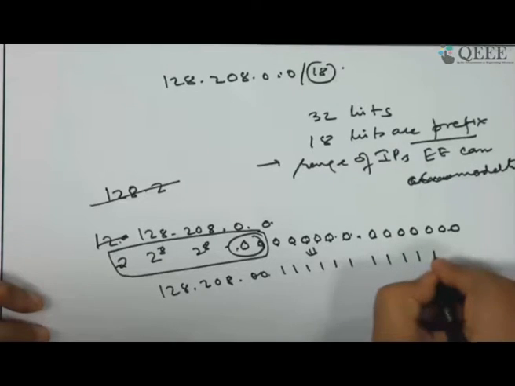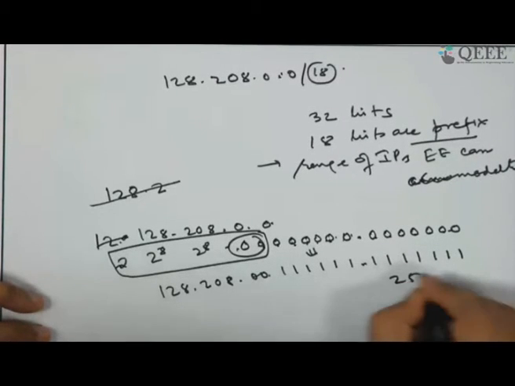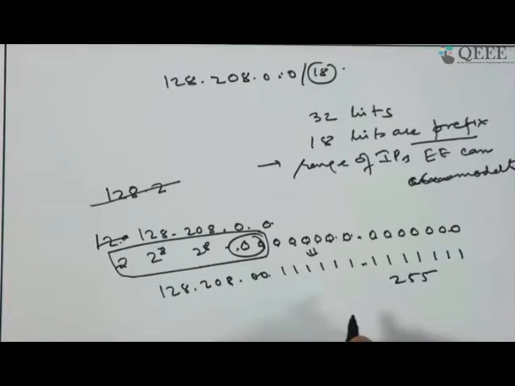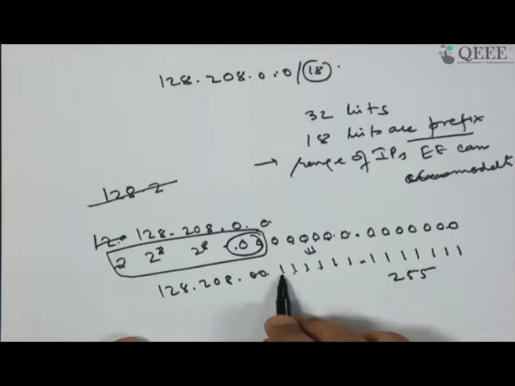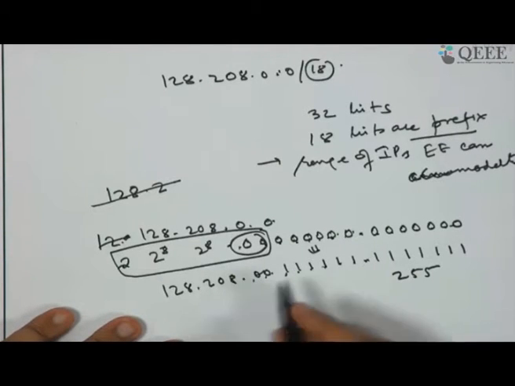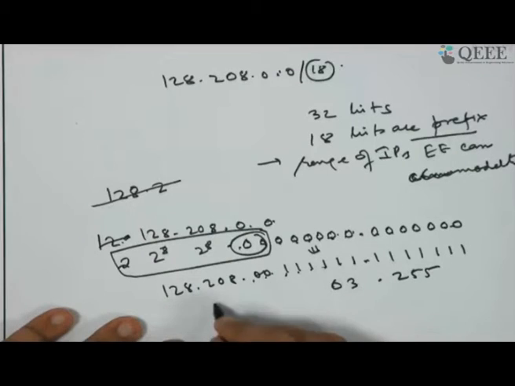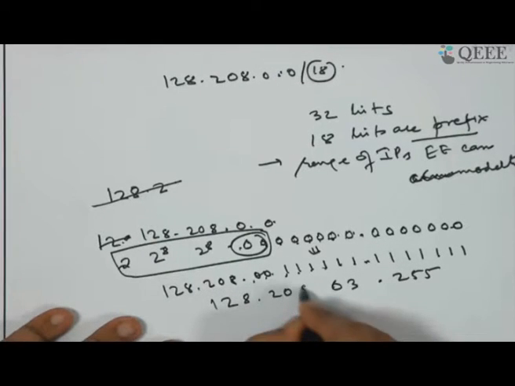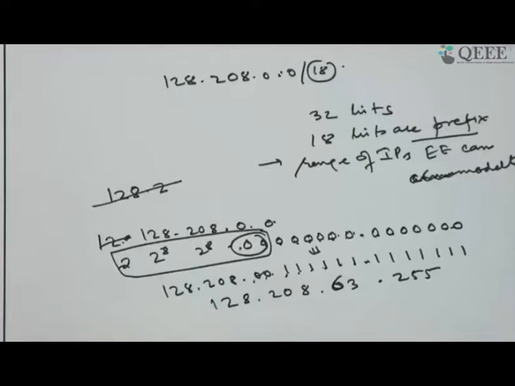So this is 255, and how much is this? 63. So the last address is 128.208.63.255.